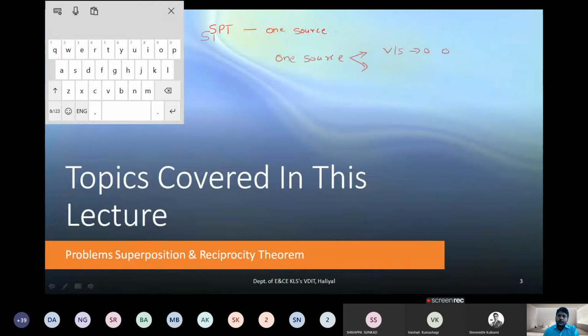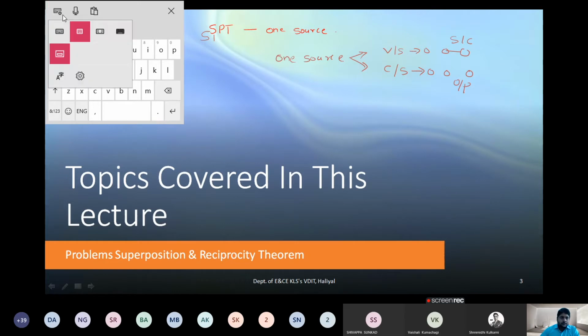That means the voltage sources which are not required will be short circuited. Similarly, if you have a current source, how do we make it zero? By open circuit. Where that current source is connected, that place will be open circuited. This is what we have considered.